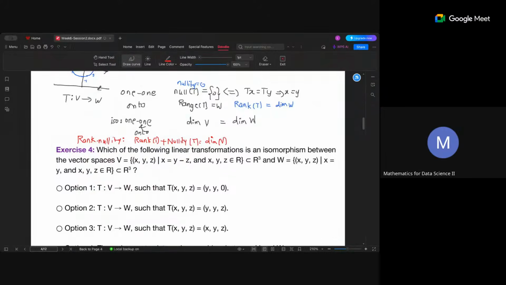The number of columns is the same as the dimension of V. Now we substitute: rank is the dimension of W, and nullity is 0 if T is both 1 to 1 and onto, and on the right-hand side we have the dimension of V. So now you see why the dimension of V is the same as the dimension of W if we have both 1 to 1 and onto. Is that clear?